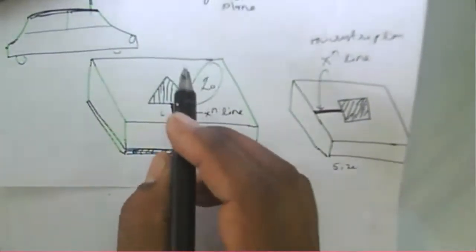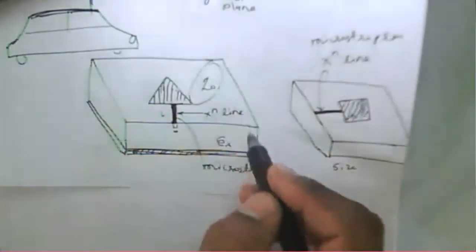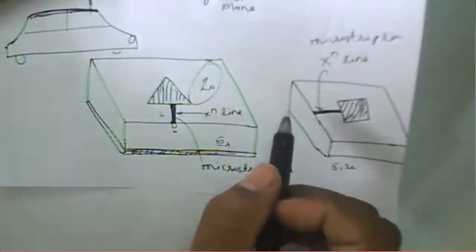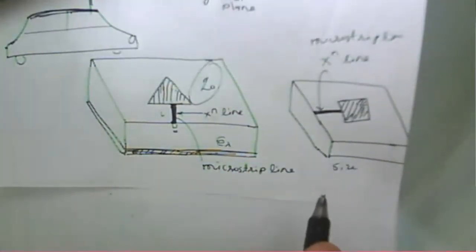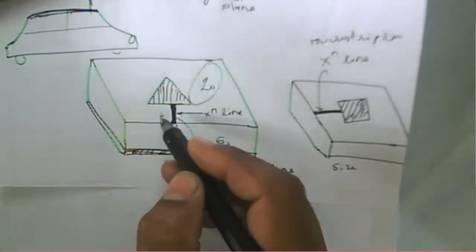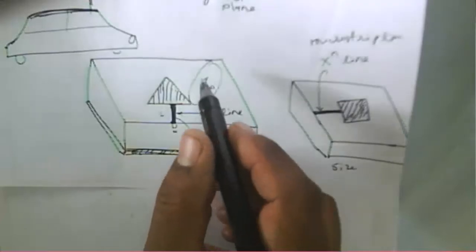Now, if you consider this microstrip antenna, the advantages are low cost, light weight, and very easy installation. There is also a drawback or disadvantage of this antenna. What is it?